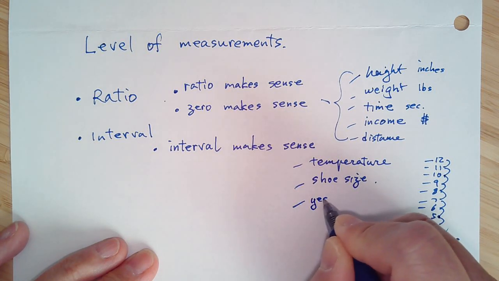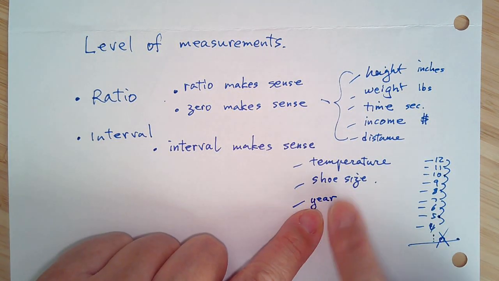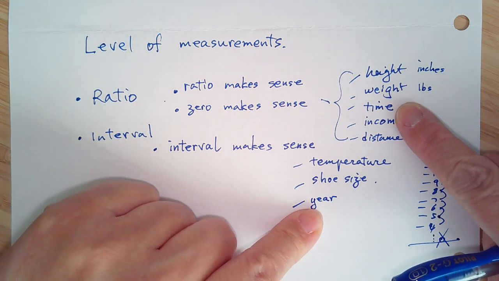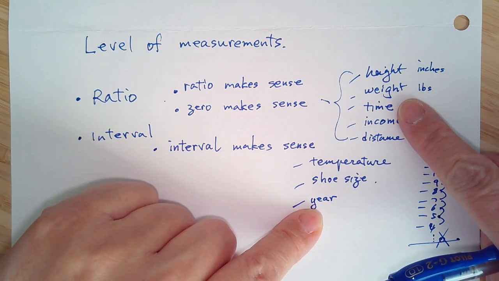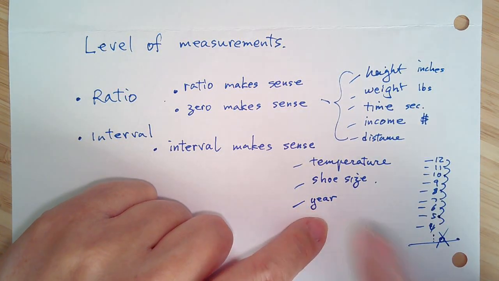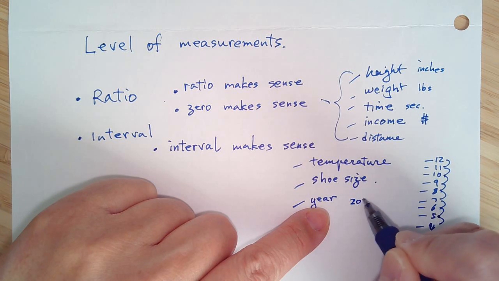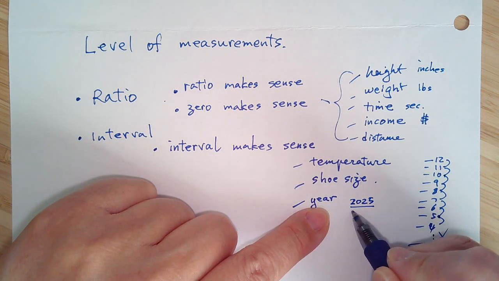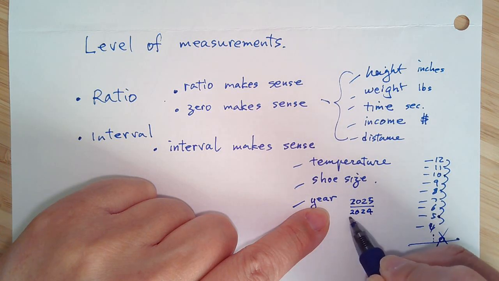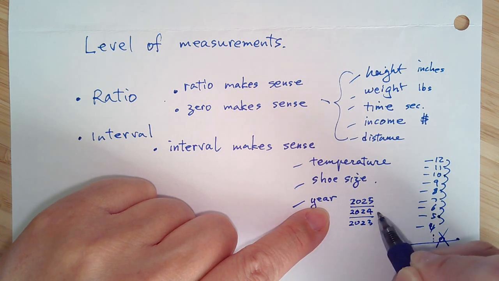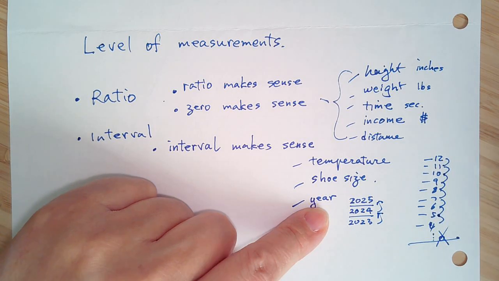The other one is a year, and this year is different than this time. You might talk about the time, say I'm 40 years old or I'm 20 years old. You know, the 40 years old person has been in this world twice as long as the other person who is 20 years old. However, if we talk about the year right now is, let's say 2025. Before was 2024 and the year before was 2023. Each year, okay, that difference makes sense.